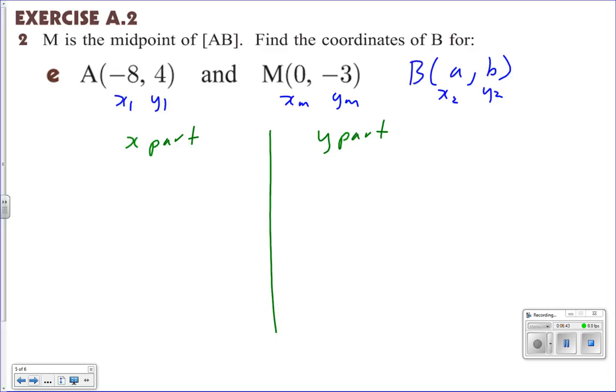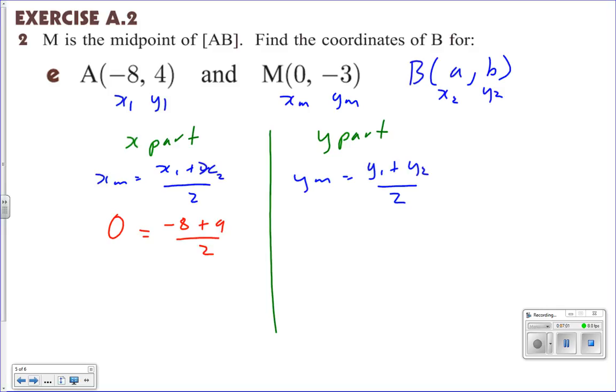Formulas for those are x mid equals (x1 plus x2) over 2, y mid equals (y1 plus y2) over 2. Go and solve for each one. So x mid is 0 equals (-8 plus a) over 2. So 0 equals -8 plus a, so a equals 8.